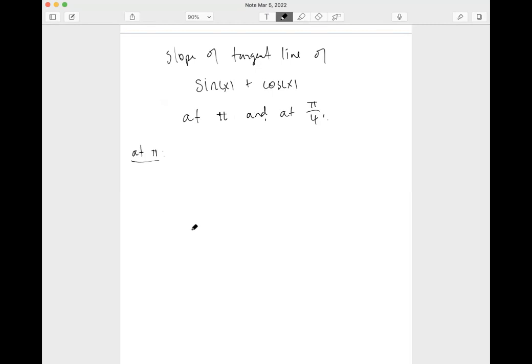So we know that the equation of the tangent line, or of any line, is y minus y1 is equal to m times (x minus x1). So if my x1 is pi, how do you find y1? How do you find the other point? The y1 is just you plug pi into f, right?